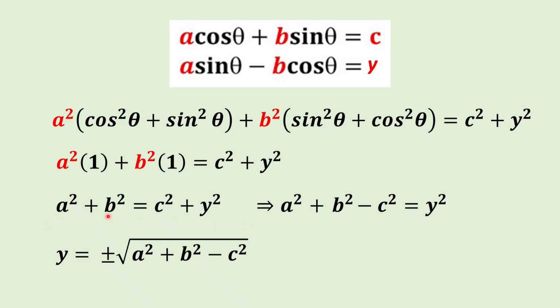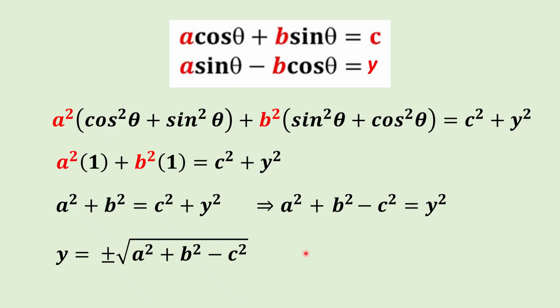Right? A square plus b square is equal to c square plus y square. So y square is a square plus b square minus c square. So y will be square root of that, and prefix the mandatory plus or minus sign. So plus or minus square root of a square plus b square minus c square. So the most important step was squaring, and the student must be able to answer why did we square.